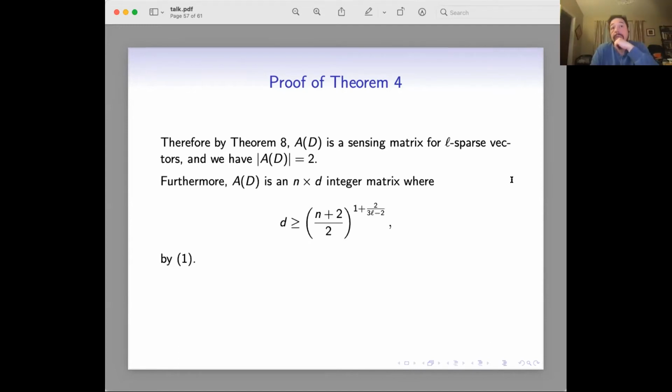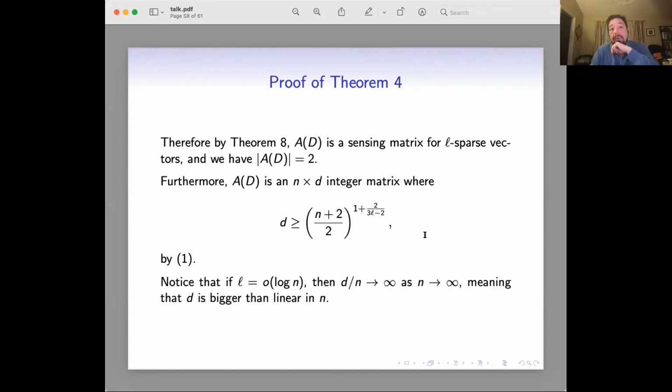Furthermore, by the bound on the number of edges, D is greater or equal than this. Now, if I take L to be sufficiently small, so little o of log n, then D over n tends to infinity as n tends to infinity. Meaning that D is superlinear in n, as I want it.